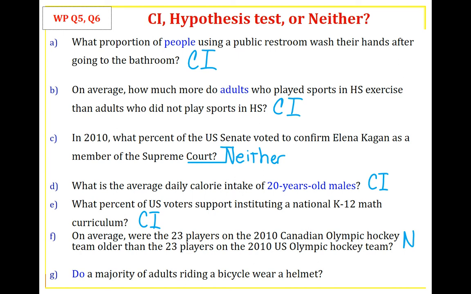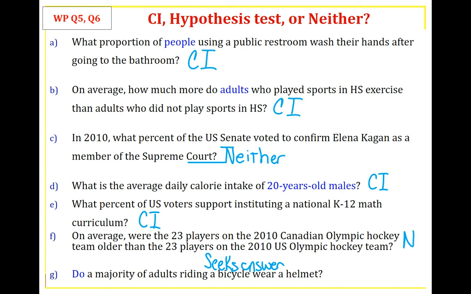Now, letter G, you'll see letter G on a test somewhere. Do a majority of adults riding a bicycle wear a helmet? Now, this is actually seeking evidence, right? We are looking to answer a question. I know this is different because it seeks an answer. It's not just looking for you to spit out a couple of numbers with values falling in between.